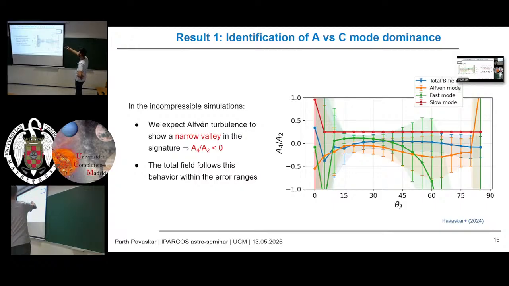As in, the more similar it is to the yellow line, the better the method works, or the more confidence I have in my method. The two lines are not exactly identical, but compared to the other modes, where you see the slow mode, which is constant, and the fast mode, which I don't know what it's doing, you see fairly similar behavior.